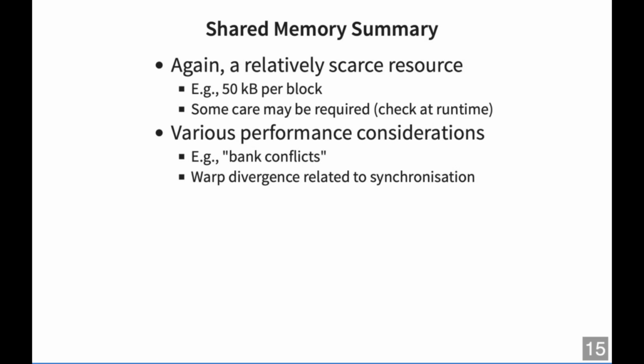Again, shared memory is a relatively scarce resource. There are perhaps something like 50 kilobytes per block. So there are mechanisms to inquire at runtime about exactly how much resource you have. There are various other performance considerations which I don't really want to get into for this.